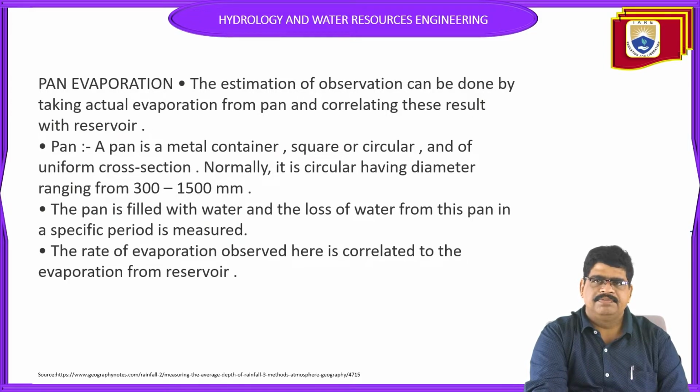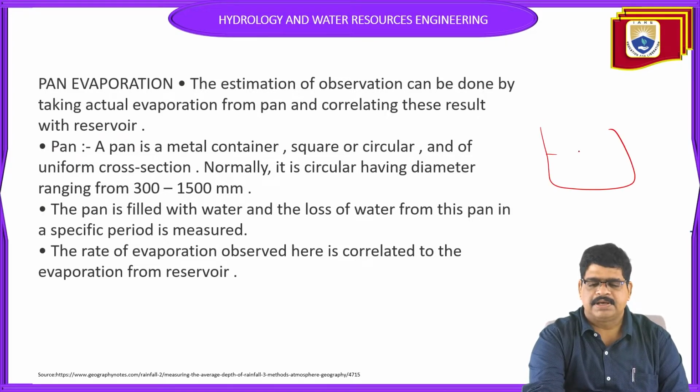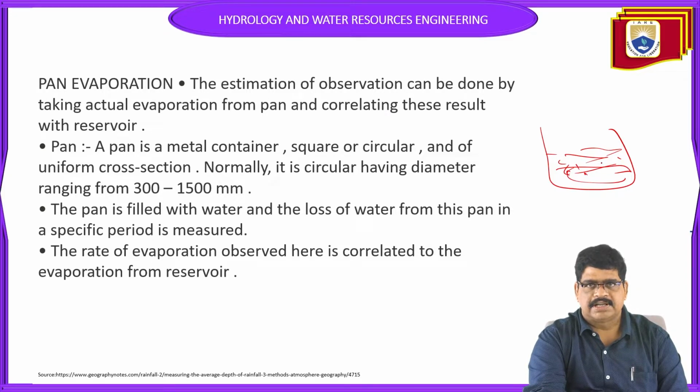The pan is filled with water, and the loss of water from the pan is measured over a specified period. So the rate of evaporation can be measured over a certain duration of time, whether 3 hours, 4 hours, 6 hours or 8 hours.